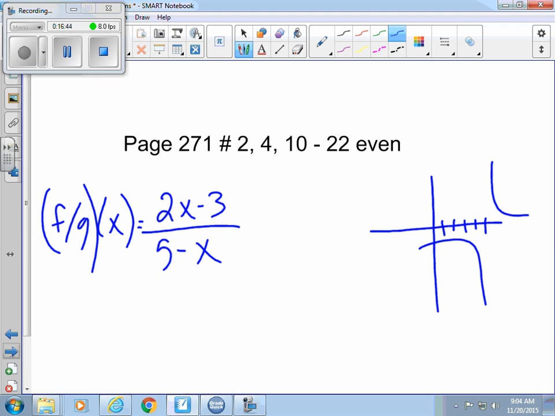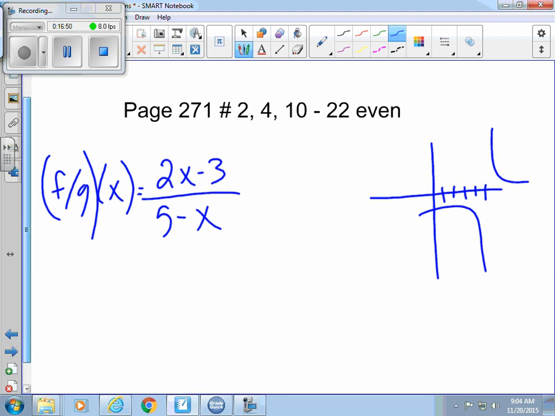Everything but 5 is the domain of that. Does everyone see why? Interesting that you could do it by hand. You can also do the calculator. Either way works. Or you could say all real numbers except for 5. What was your question?